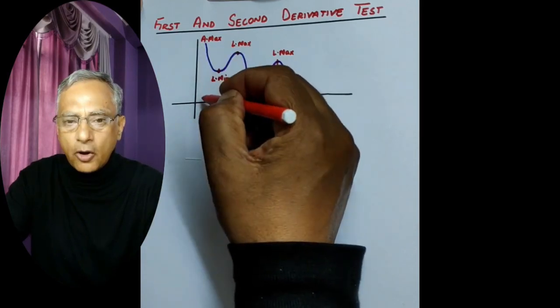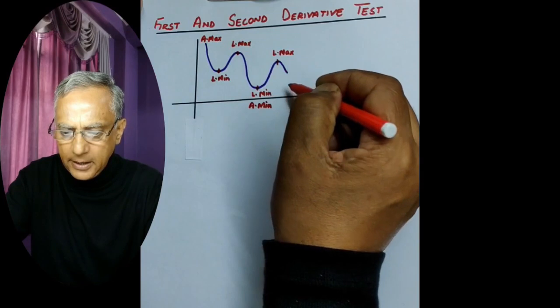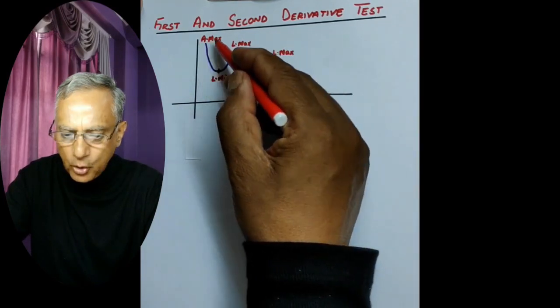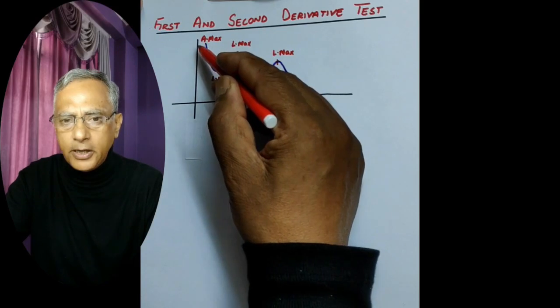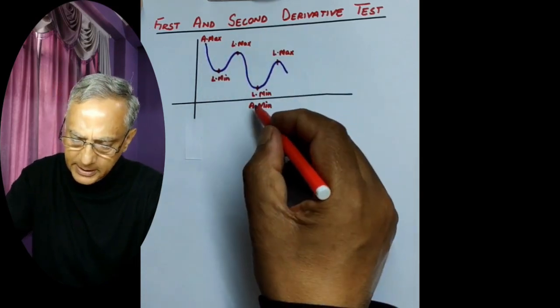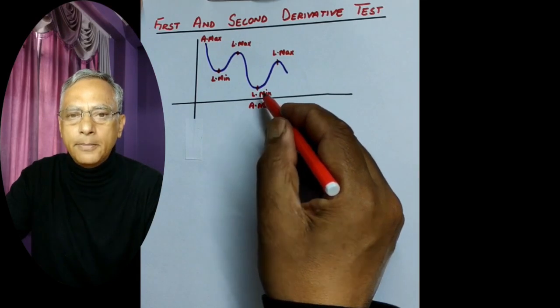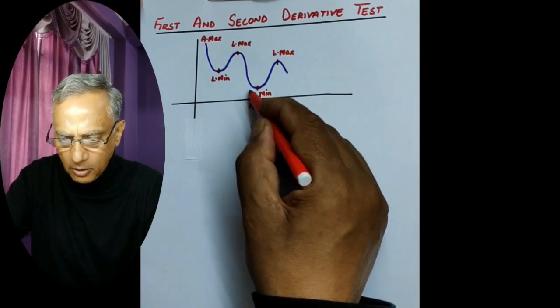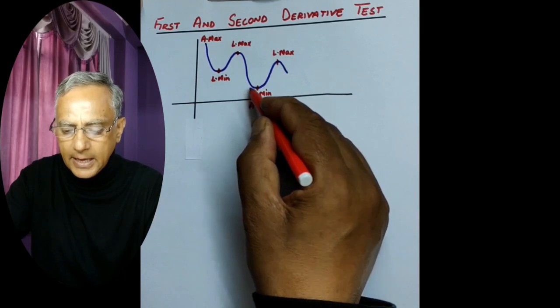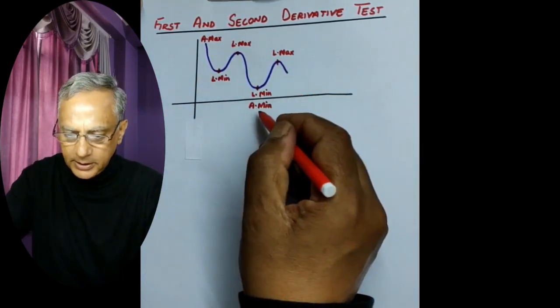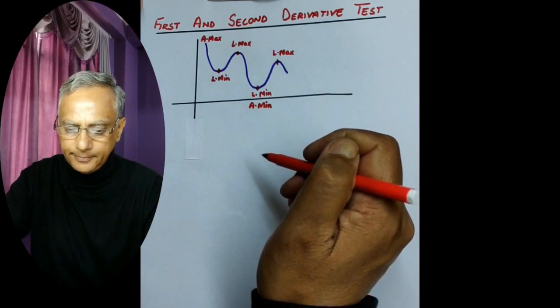Endpoints are not considered for local maximum and local minimum. So this is absolute maximum, but it is not a local maximum. This is absolute minimum as well as a local minimum. This is smaller than all other values in its locality as well as in the whole of the domain. So this is the absolute minimum.